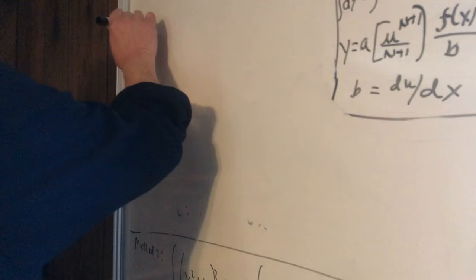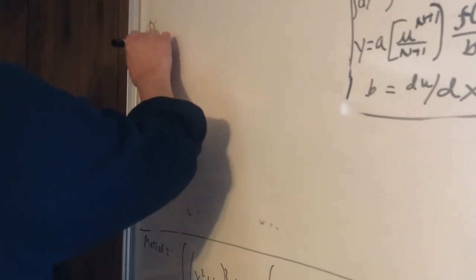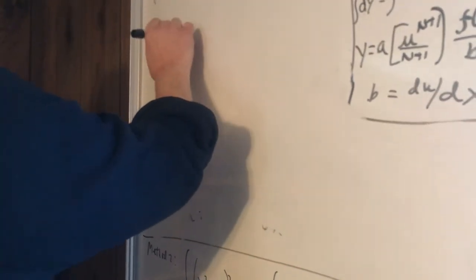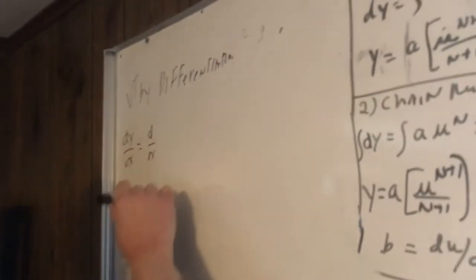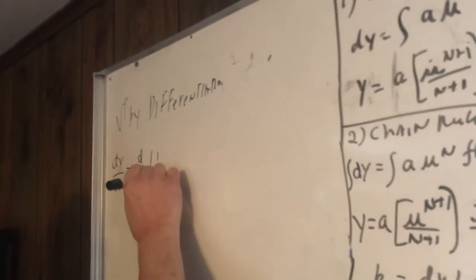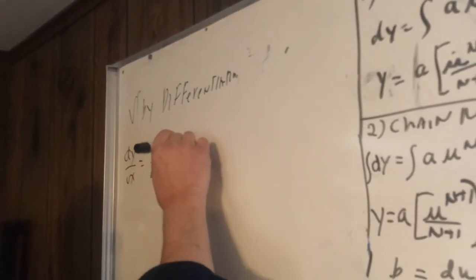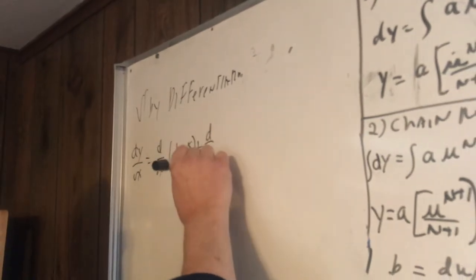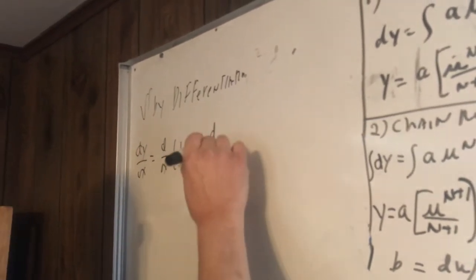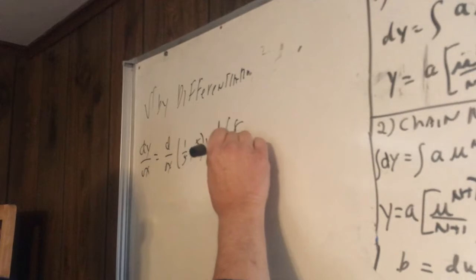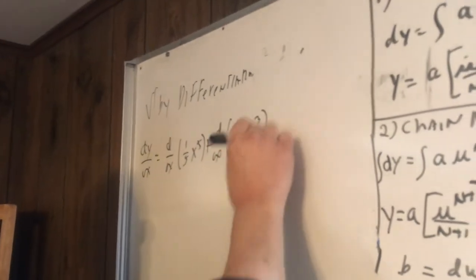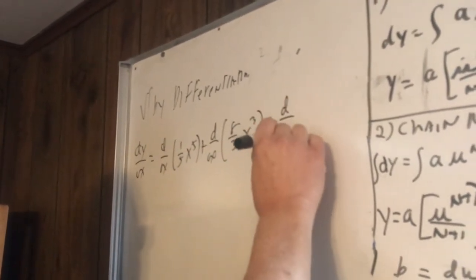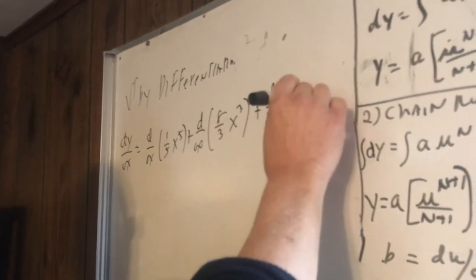So I'm going to take the derivative of y, which is the derivative of 1/5 x to the 5th, plus the derivative of 8/3 x to the 3rd, plus the derivative of 16x.